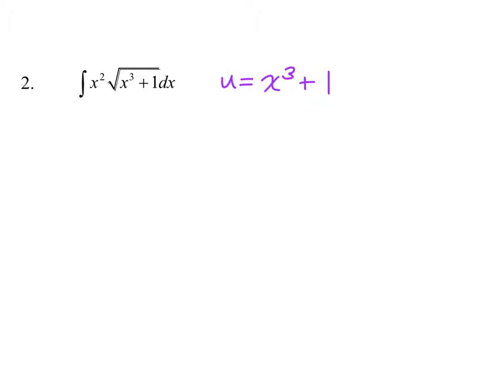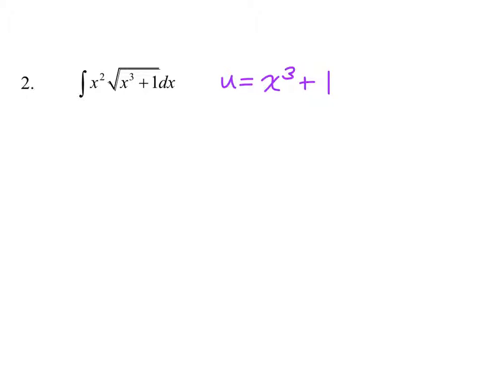So something to keep in mind, just thinking in terms of the power rule. If I take the derivative of an expression, the power is always going to decrease by 1, right? So I would never choose the expression that has the smaller power, because it's not going to differentiate up to a higher power. It'll always differentiate down to a lower power. All right, so I wouldn't select the x squared.